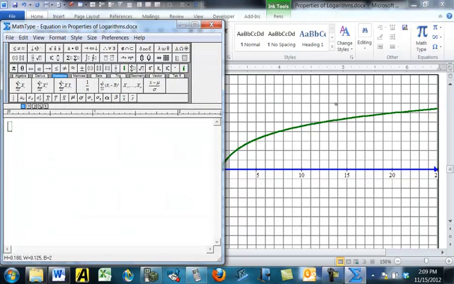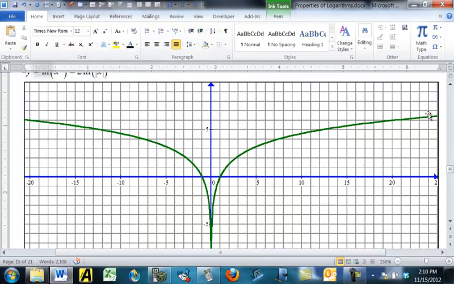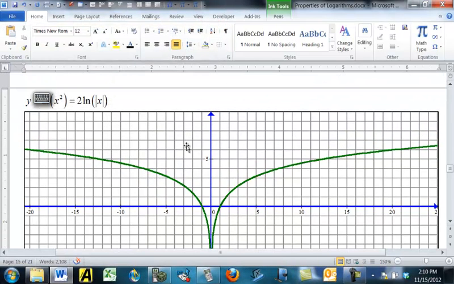This is f of x, or y, I'll just use y. y equals ln of x squared, which actually equals 2 ln of the absolute value of x. And now we can see that graph there.